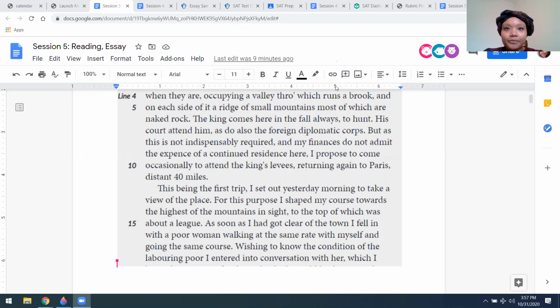Now, really quickly, before we do that, I'm going to put both of these, the questions and the passage, side by side. So give me 1 second while I stop sharing to get that set up on my end. So we have this here. Oh my goodness, a dog.